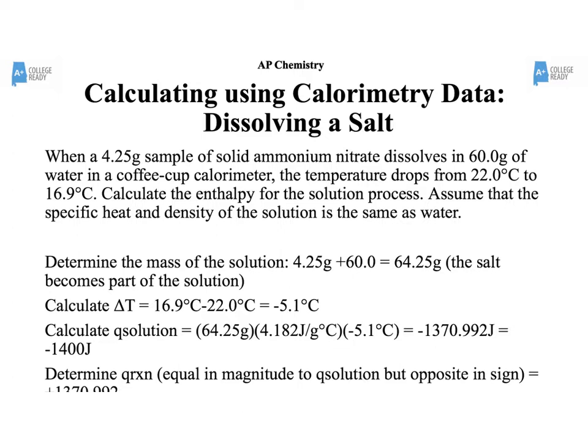So the steps are, you're going to calculate the Q of the solution using MCAT. Then you're going to get the Q of the reaction, equal in magnitude, opposite in sign. And then you're going to get the delta H, which is the Q of the reaction divided by the moles of the limiting reactant.